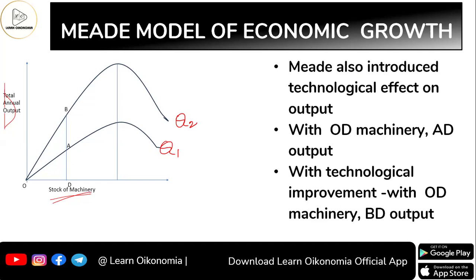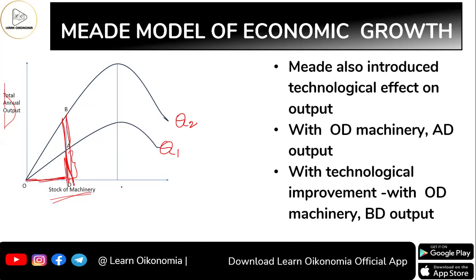So you could find that when stock of machinery is taken along x-axis and total output is taken along y-axis, when you use OD of machinery in the economy. So OD is the initial machinery usage in the economy. Without technical progress, you can produce AD output in the economy. But with technical progress, we can produce this much of output, that is DD output.